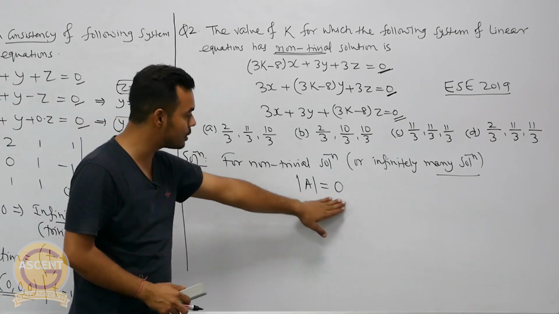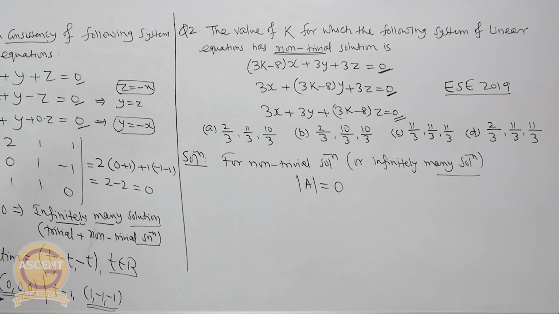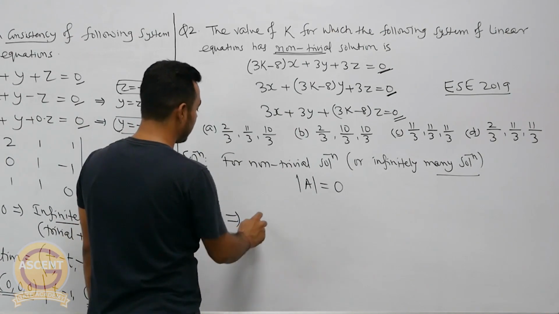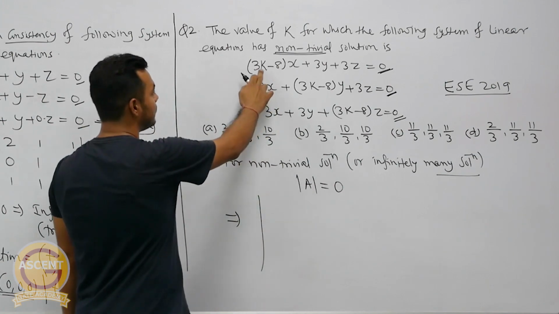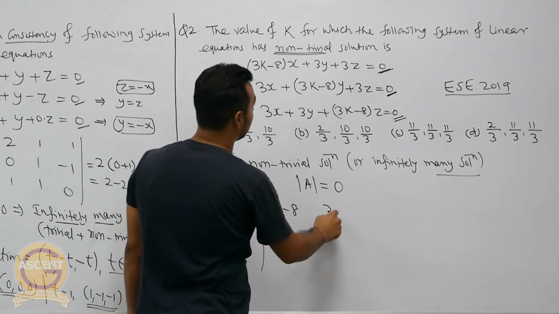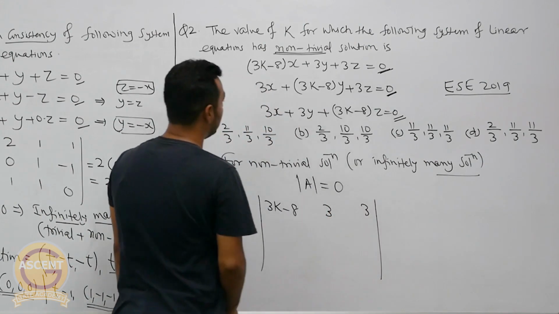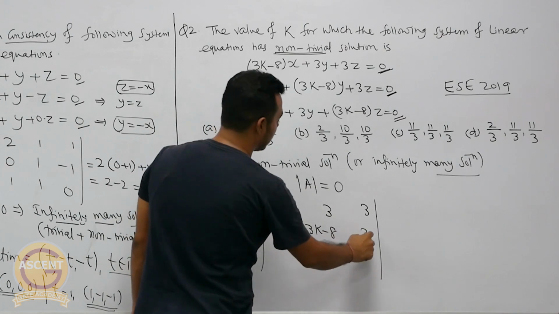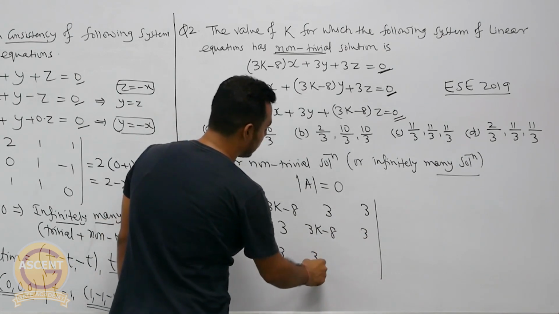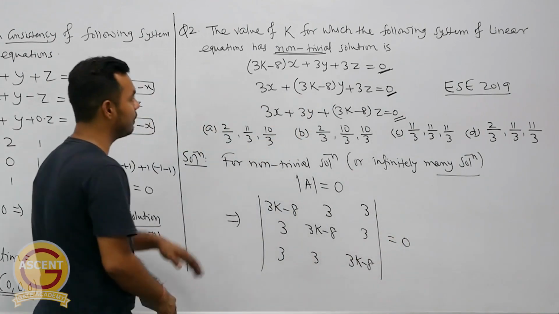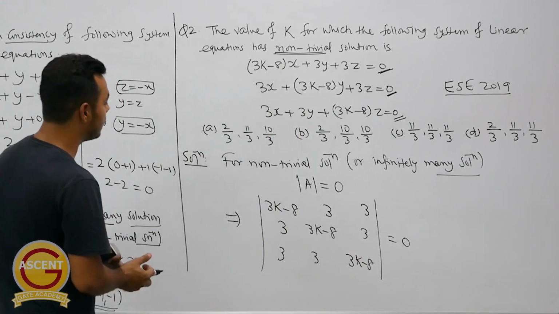If the determinant is non-zero, then you will have only the trivial solution. So here if I calculate the determinant of the coefficient matrix, our first row will be 3k minus 8, 3, 3. Then our second row will be 3k minus 8, then again 3, and the third row will be 3k minus 8, and this has to be 0 if the given system has a non-trivial solution.